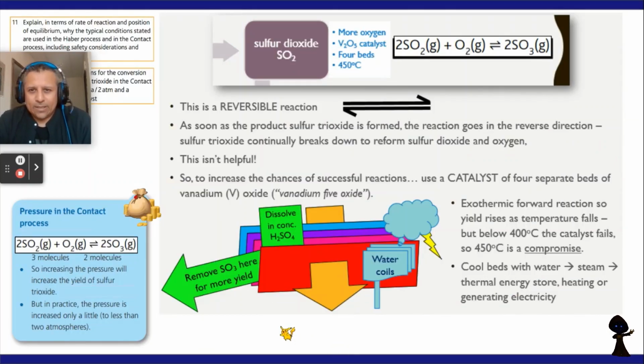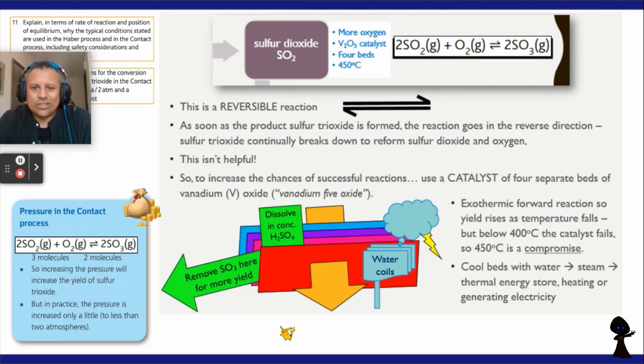So the sulfur dioxide going to sulfur trioxide is a reversible reaction, and as soon as that trioxide is formed, the reaction goes in the reverse direction. So sulfur trioxide continuously breaks down to reform sulfur dioxide and oxygen. So it's not helpful.